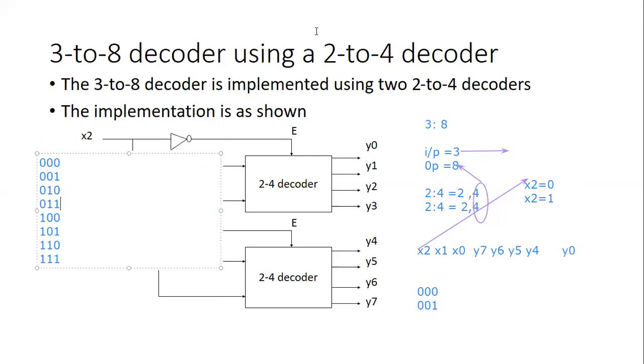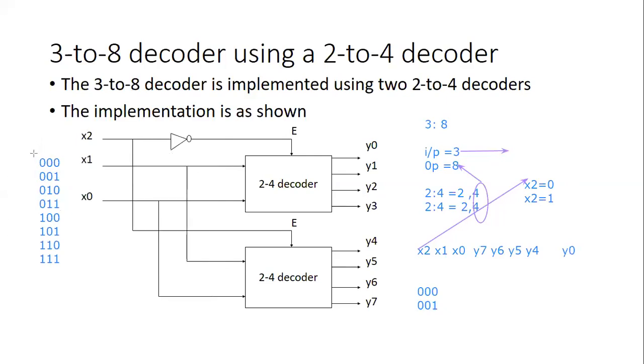What happens in the truth table? These first 4 combinations will give you the output of y0, y1, y2, y3. These last 4 combinations will give you the output y4, y5, y6, y7. So you have to write the full truth table.